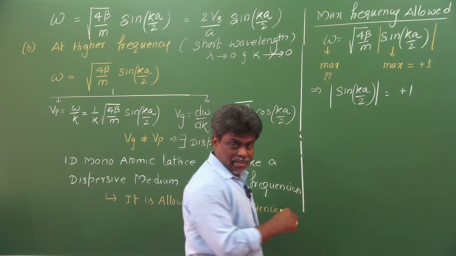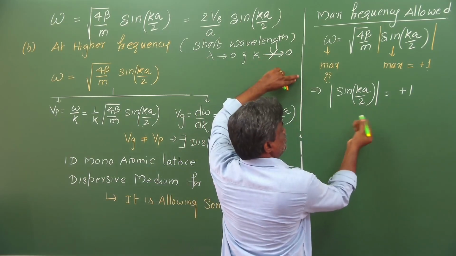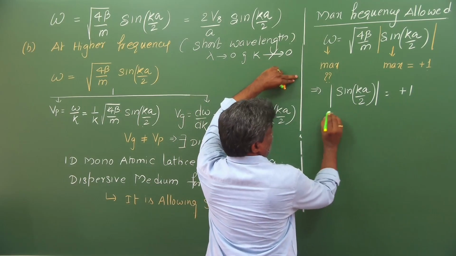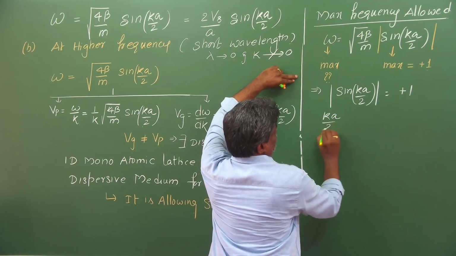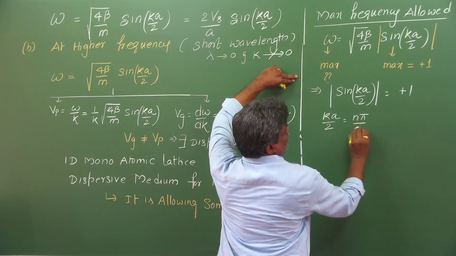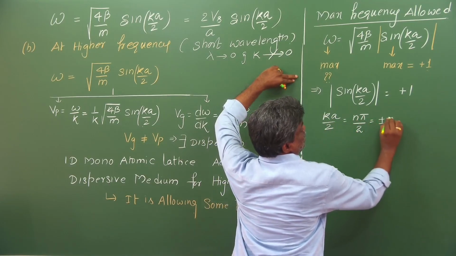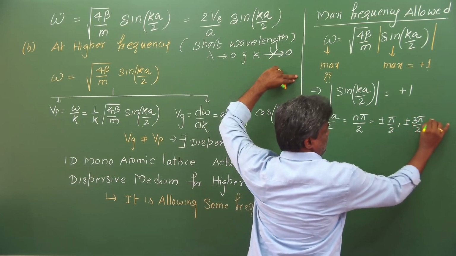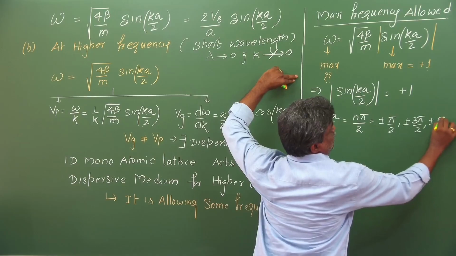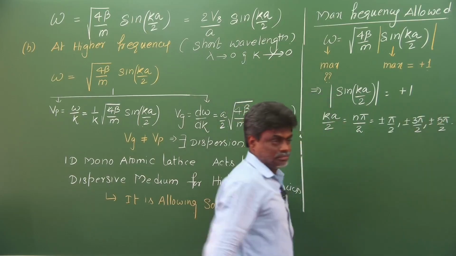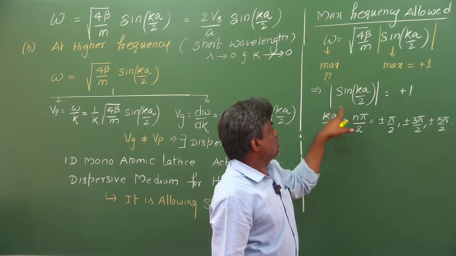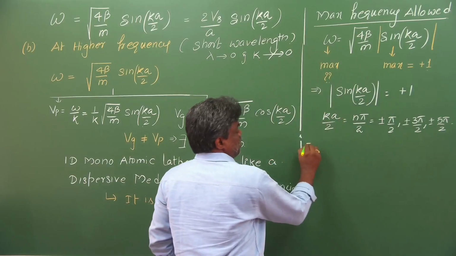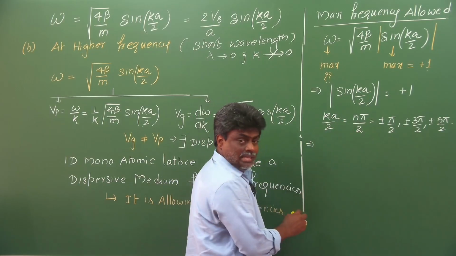So, K A by 2 equal to N pi by 2, plus or minus pi by 2, plus or minus 3 pi by 2, plus or minus 5 pi by 2, and so on. Why plus or minus? Modulus. This implies 2 gets cancelled.